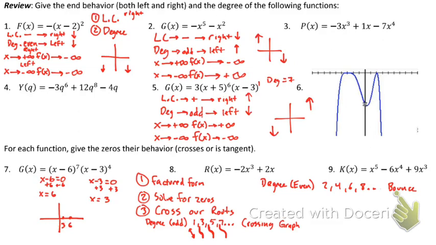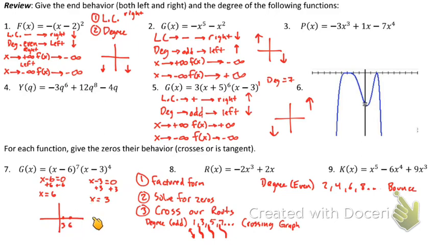So in essence, you have to know two types. If it's an odd root, so our power is odd, that means we're going to cross our root. It's actually going to cross over. We'll get into more details in the next section.